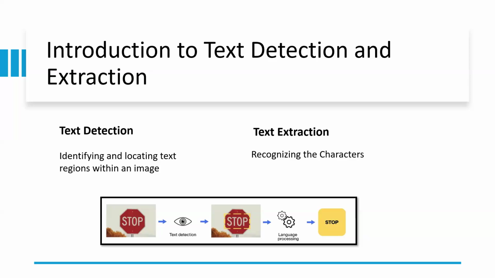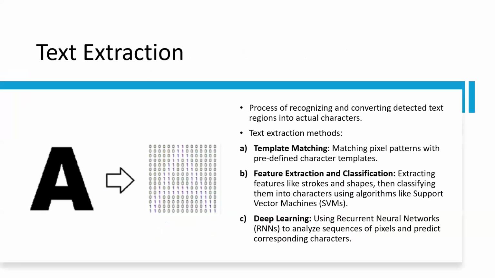Locating that word or character comes under text detection, and extracting those characters, like STOP, comes under text extraction. So these are two concepts related to OCR.